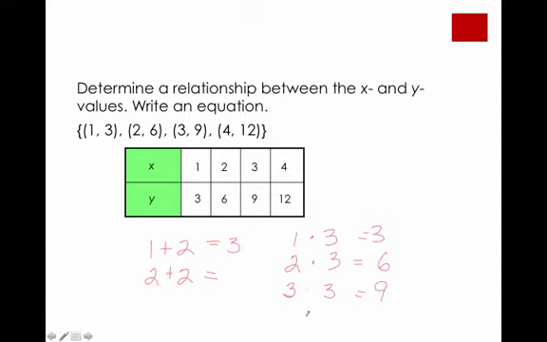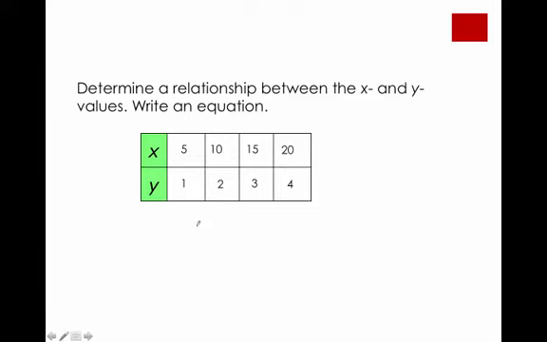So I have found my equation. Actually, we're going to write it as a function because we know how to do that. f of x equals 3 times x, because every time I put a number in for x, if I multiply it by 3, that gives me the output I was looking for.